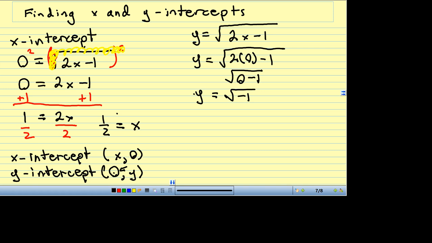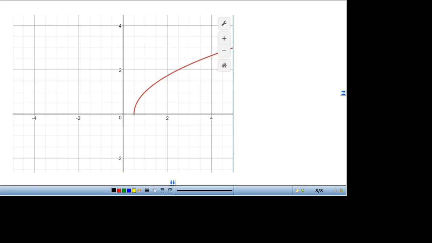It really doesn't exist. Tell you what, let's take a look at the graph of y equals square root of 2x minus 1. I graphed it in Desmos Graphing Calculator, which, by the way, awesome, awesome tool. Right here, we've got our x-intercept. Remember? I told you it was 1/2, 0.